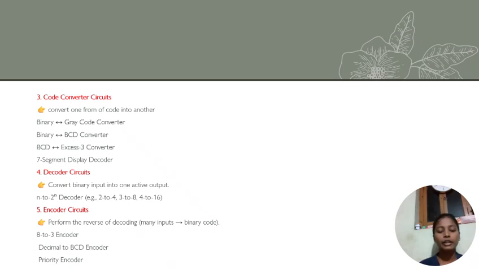And final fifth one, encoder circuits. Encoder circuits perform the reverse of decoding, that is many inputs are converted to binary codes, like 8 to 3 encoders, decimal to BCD encoders, and priority encoders.